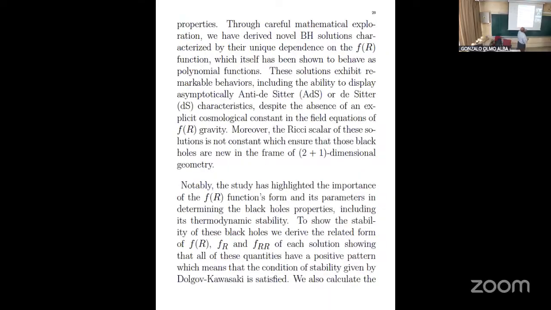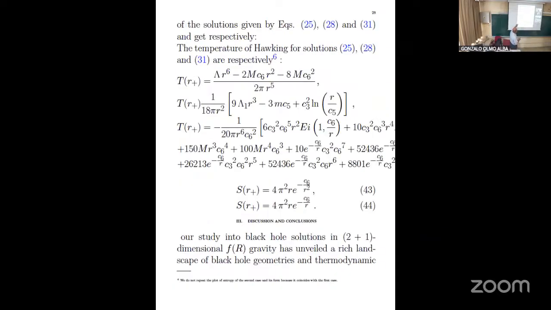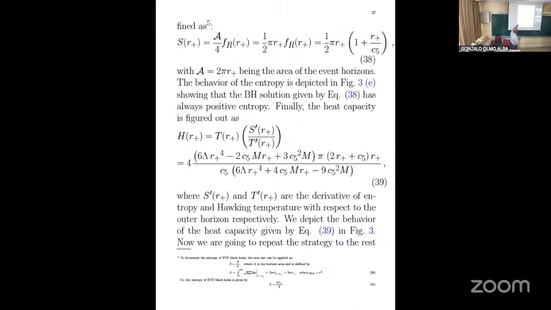From the thermodynamics, you should know that the entropy within F of R is given by this form, which is different from general relativity, because the effect of the first derivative of F of R is taken into account. If this is equal to 1, then we return to general relativity.